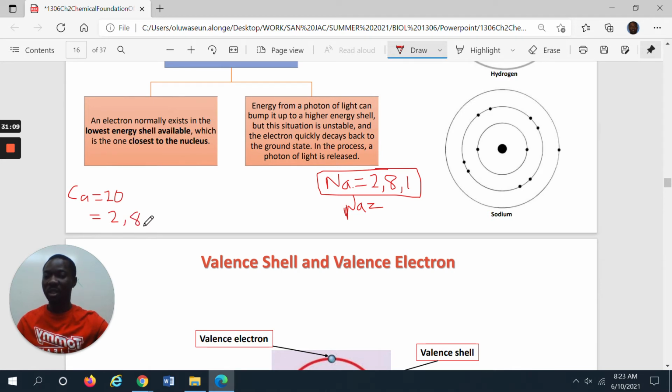I have 10 already. I need 10 more. Then the next one is going to be 8. How many do I have left? Calcium is 20. It has 20 electrons. This is already 18. Then I need 2 more. So calcium is going to be 2, 8, 8, 2. The first shell has 2, the second shell has 8, the third shell has 8, and the last shell has 2. I believe it makes sense to you.